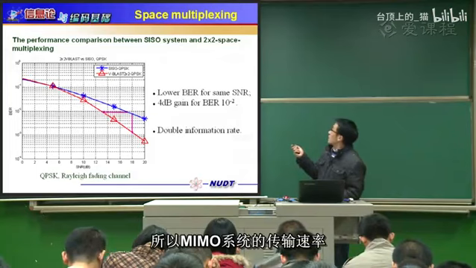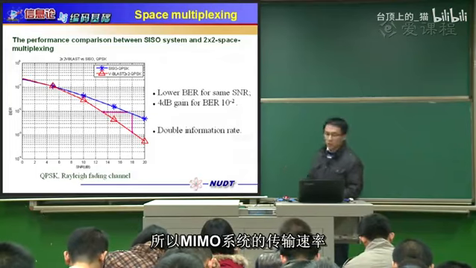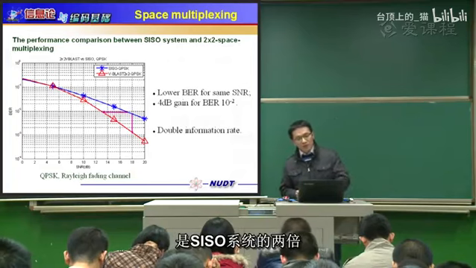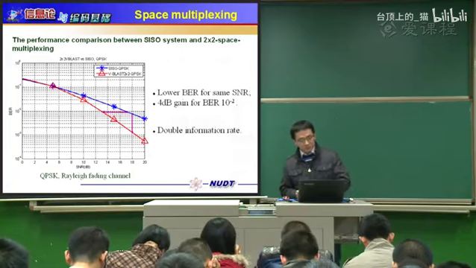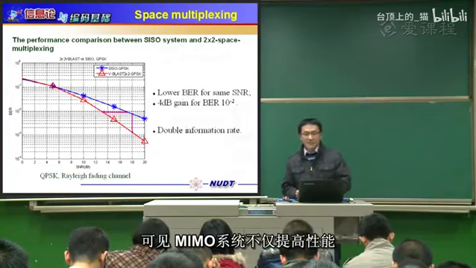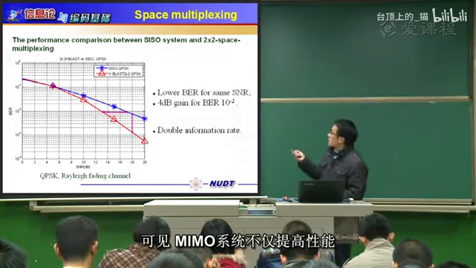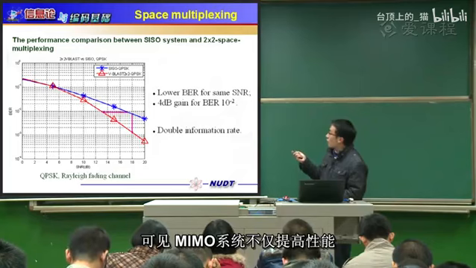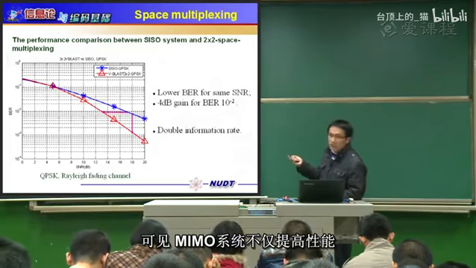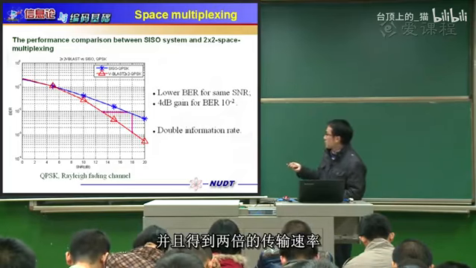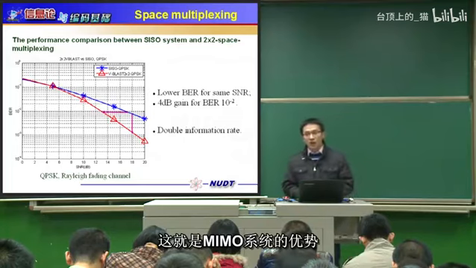So such a MIMO system has double the information rate of the SISO system. We can see the MIMO system not only improves the performance, but also gets double the information rate. These are the advantages of the MIMO system.